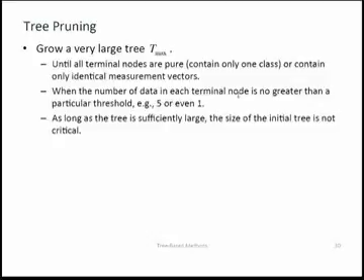That means you have one training point of support in that particular path. Or you could say 5, or something else. It turns out that as long as the tree is large, the size of the initial tree does not matter very much because we're going to cut it back. So it's better to go deep than to go too shallow and do the pruning from there. That's actually the moral of the story.